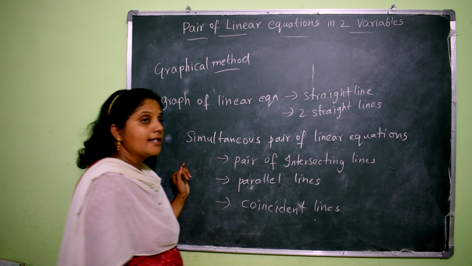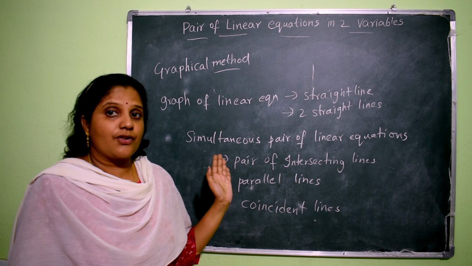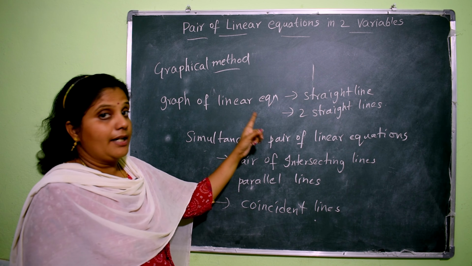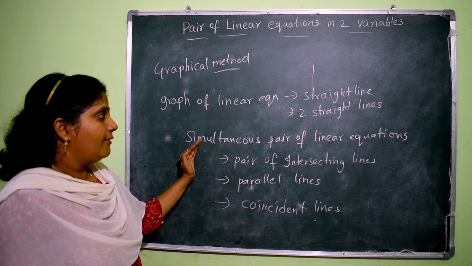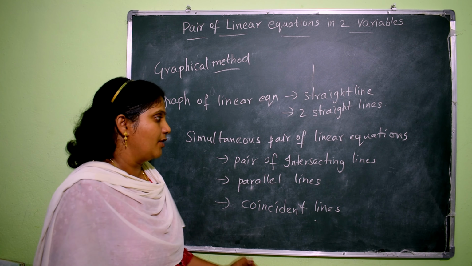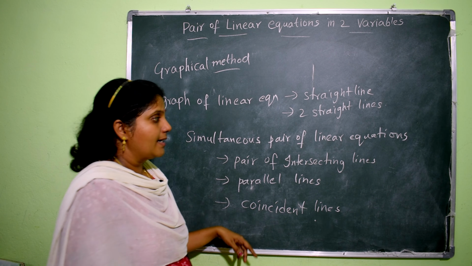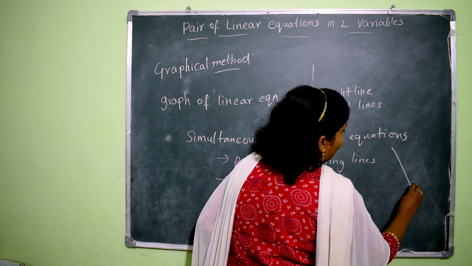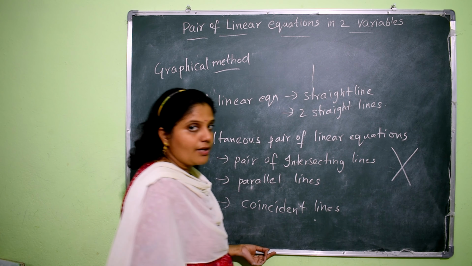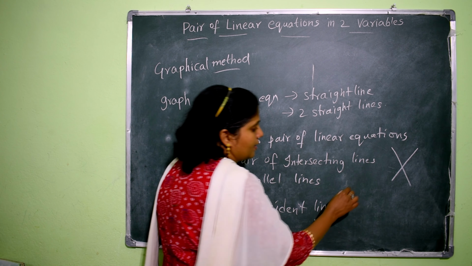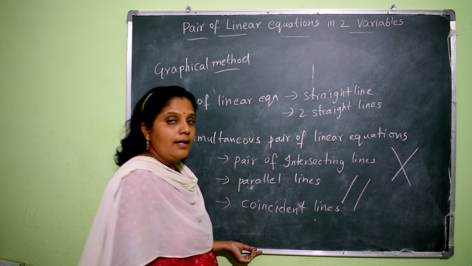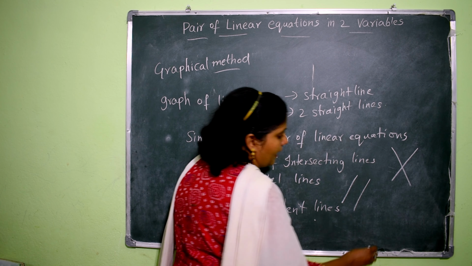So what we have discussed in the polynomials, we will get a straight line for the linear equation. So here for the simultaneous pair of linear equations, we will get a pair of intersecting lines. So intersecting lines is also a straight line only. This is one straight line and this is another straight line. So parallel lines. So this is one straight line and this is also one straight line. And coincident lines.